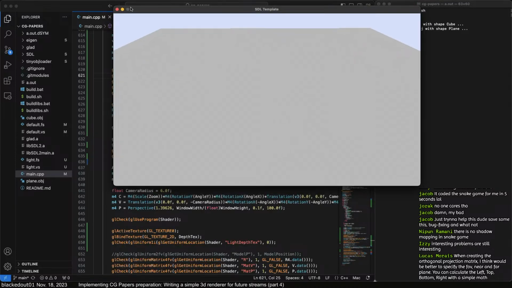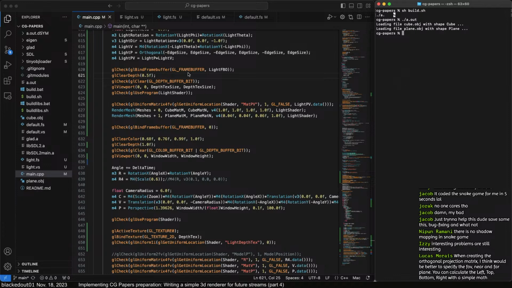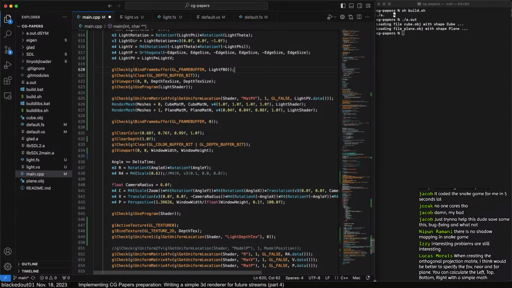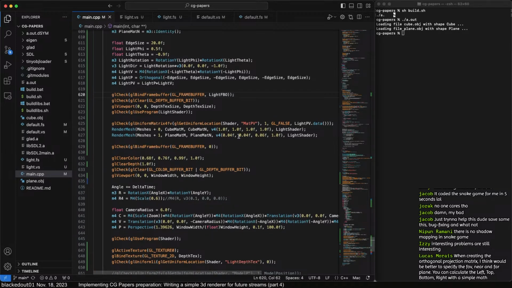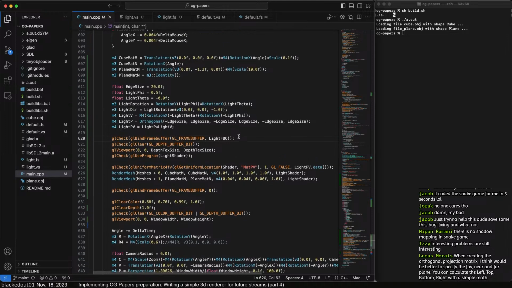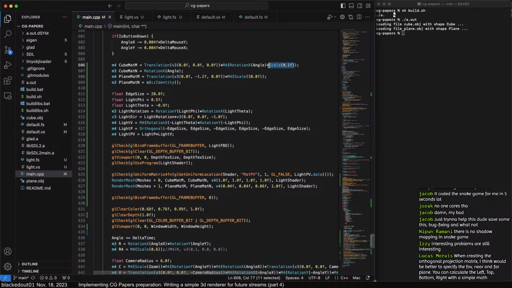Yeah, so now we see 0.5 here. So, okay. What else could there be wrong?